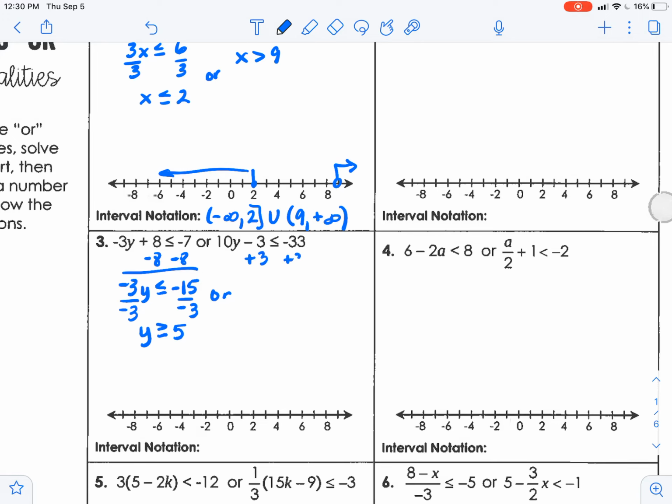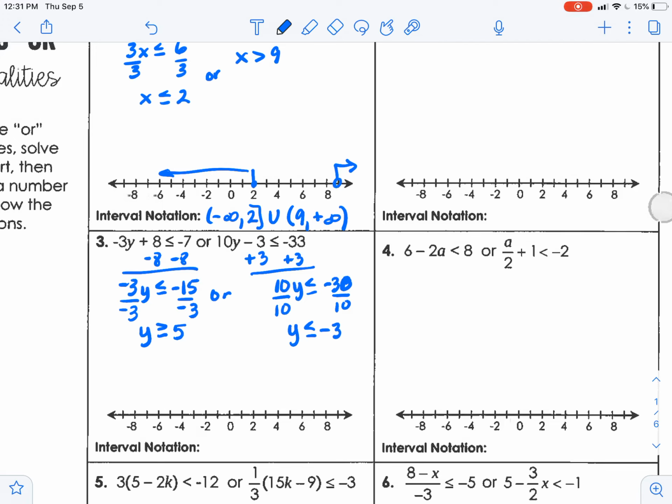Plus 3, 10y less than or equal to negative 33. Now I'm dividing by a positive. I don't flip the sign. Oh, sorry, I can't add. There we go, 30. Okay, so y is less than or equal to negative 3.